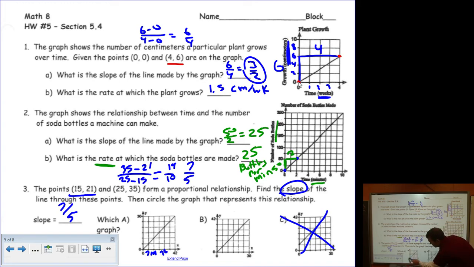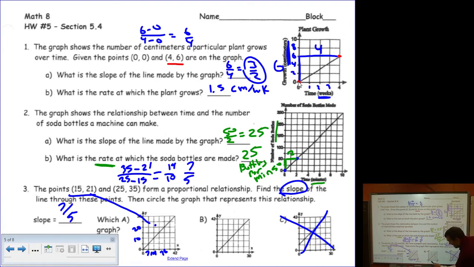And the y's are going by 5: 5, 10, 15, 20, and so on. The point 15, 21 would be right here. Well, that's not on the line. It must be graph B, but let's check it anyway.